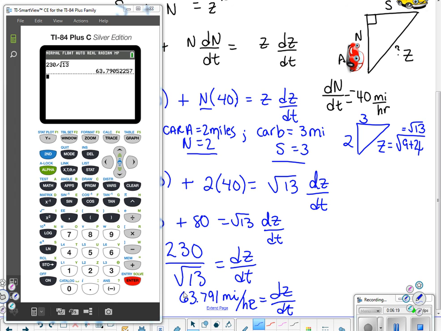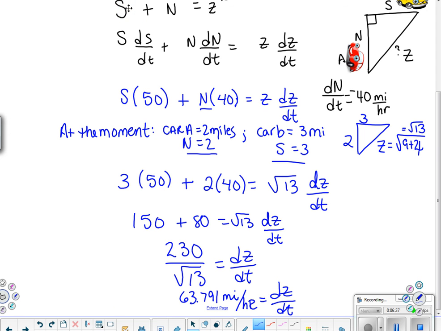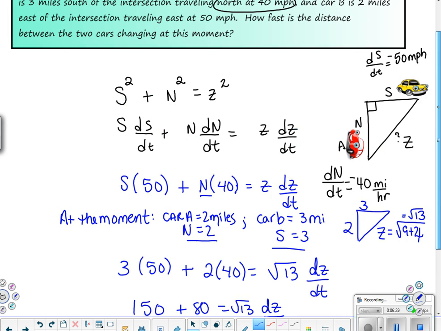Now here's the problem: I really think that should be a negative because that distance is shrinking. Oh, but it's miles per hour, so that makes sense. Okay, so positive. That's the miles per hour, the rate at which the distance between the cars is changing.